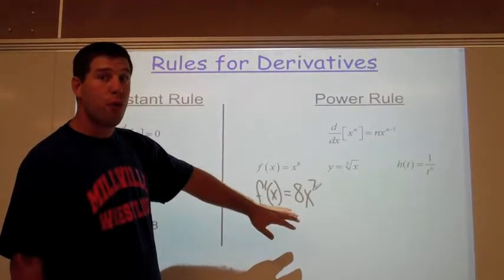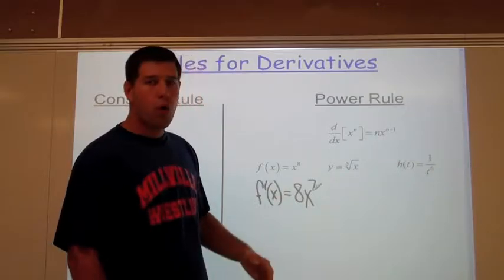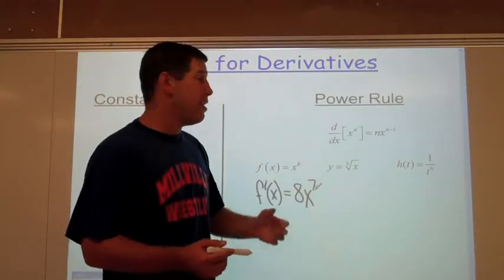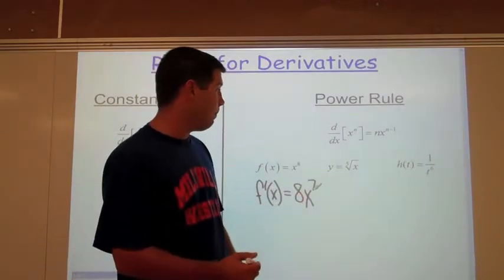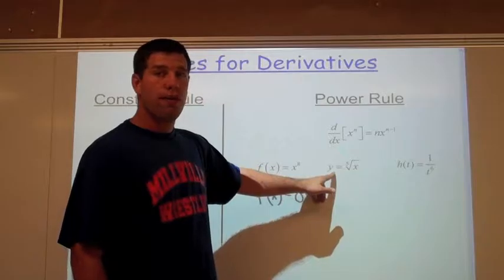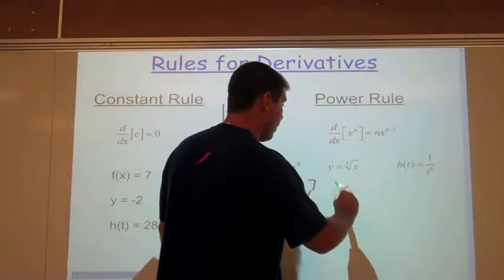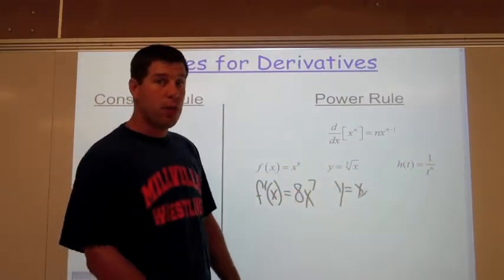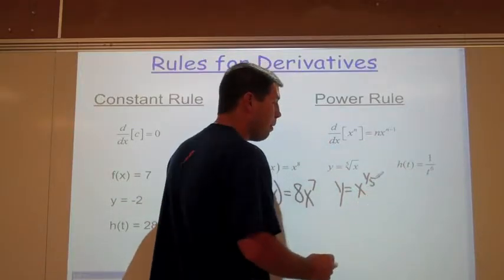Now you're going to see other forms of power functions. Y equals the 5th root of x, or any root, any radical function. The key to using the power rule is rewriting the original function as x to a power. So before we derive, we want to rewrite it. So y equals x to a power. Well, the 5th root can be written as the 1/5 power.